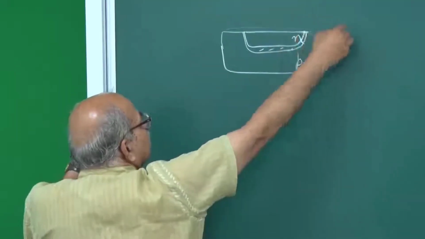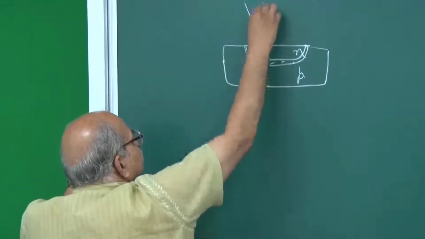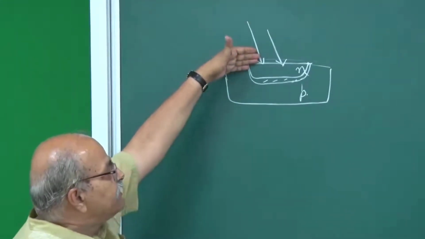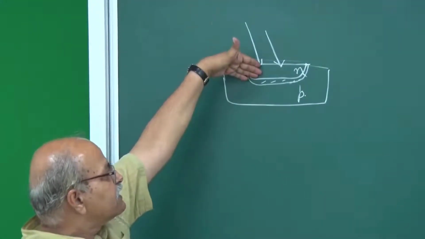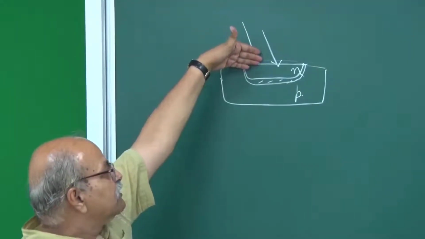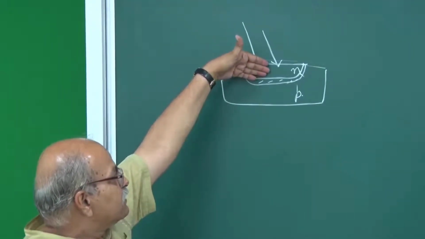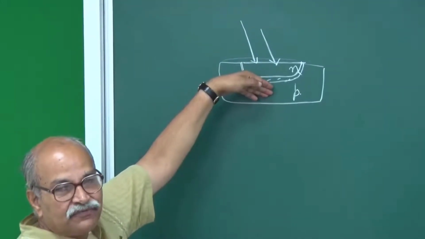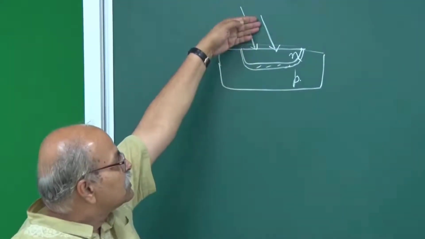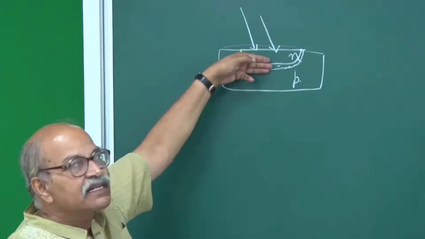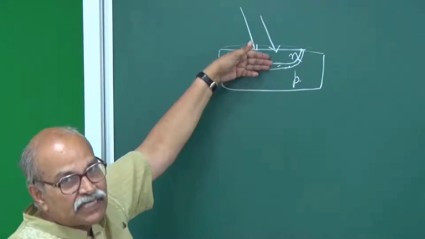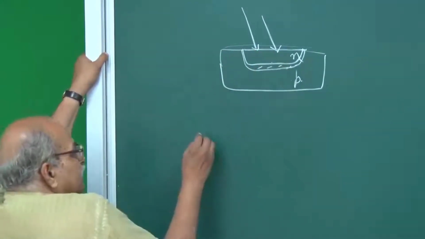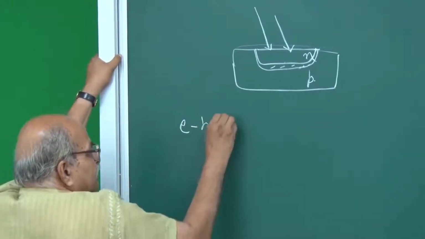You put some transparent layer so light falls on this, and depending on the wavelength and the absorption properties, these photons may get absorbed here, may come to the depletion layer, or may come here. What we are interested in is that photons should get absorbed in the depletion layer, or within one diffusion length on either side. So the photons fall here and create new EH pairs.